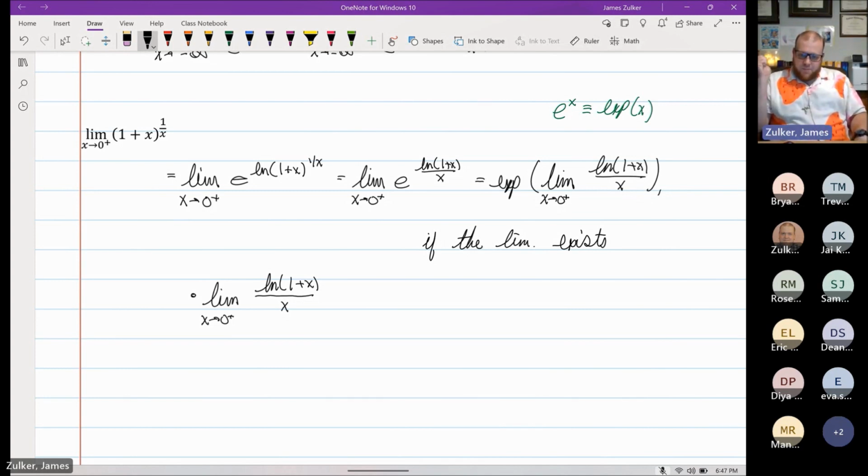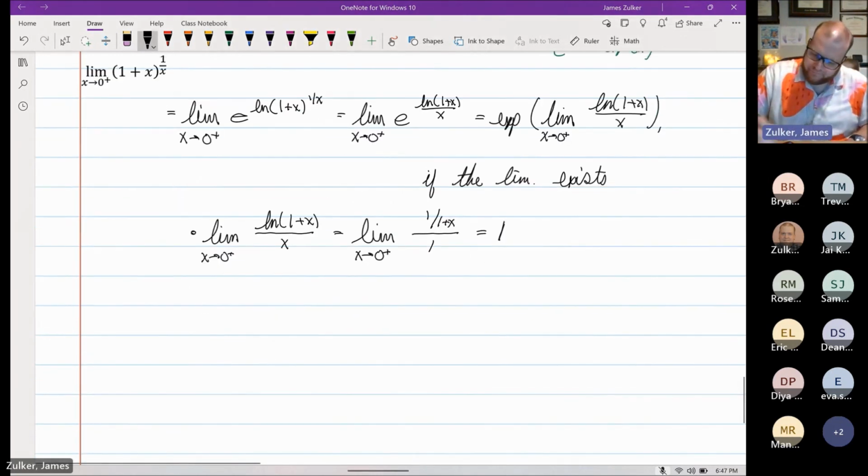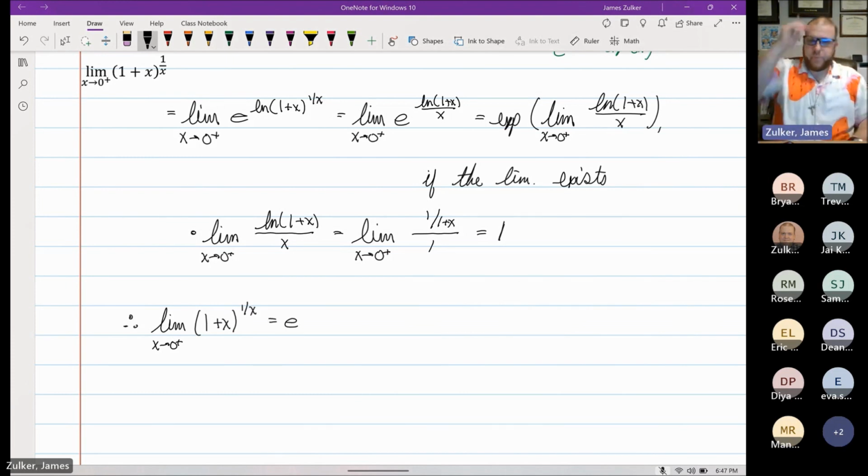So this is L'Hopital form. Now that limit, isn't that limit just 1? So this limit is e.